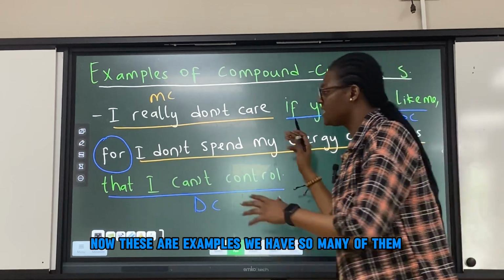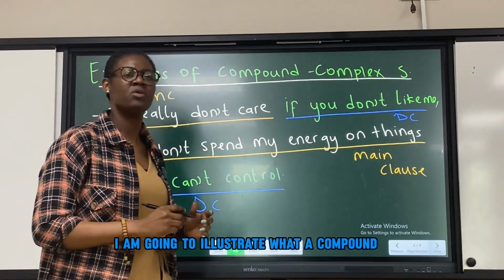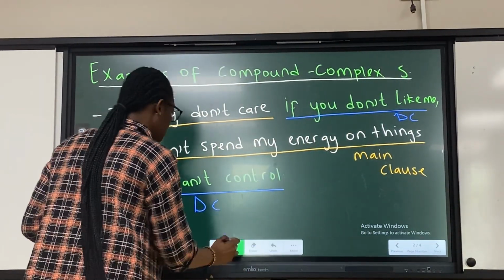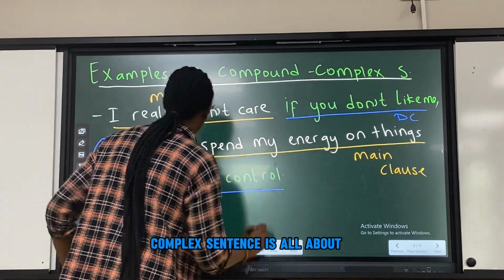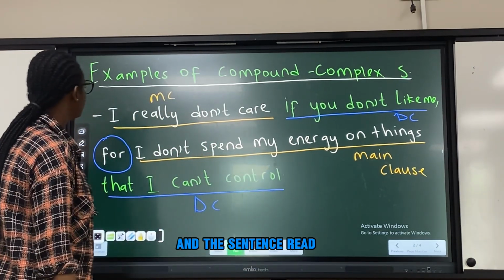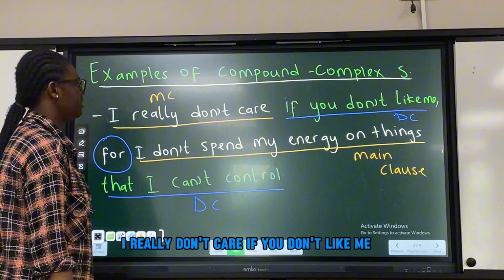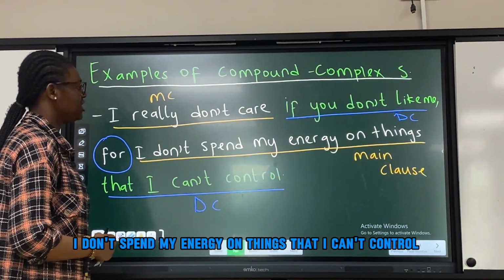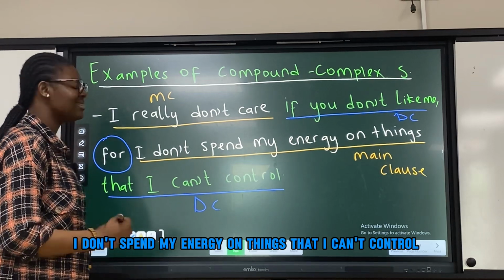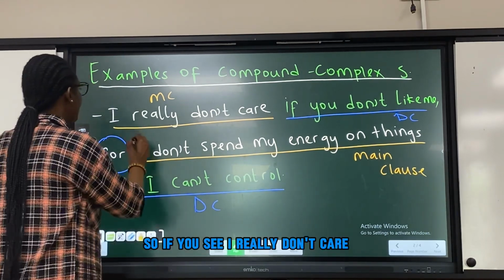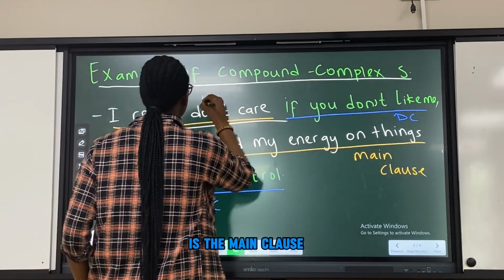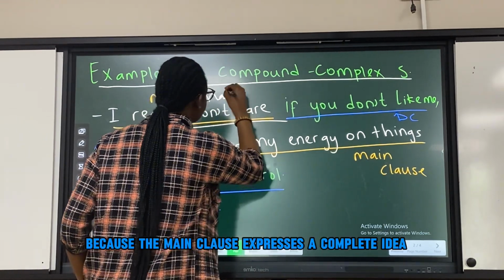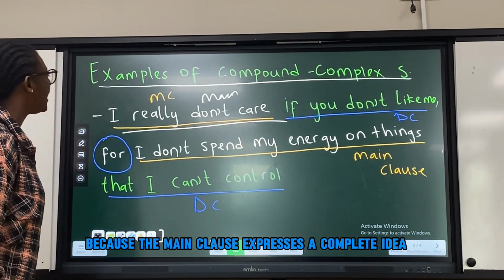Now, these are examples. We have so many of them. I am going to illustrate what a compound complex sentence is all about. And the sentence reads, I really don't care if you don't like me. I don't spend my energy on things that I can't control. So if you see, I really don't care is the main clause because the main clause expresses a complete idea.